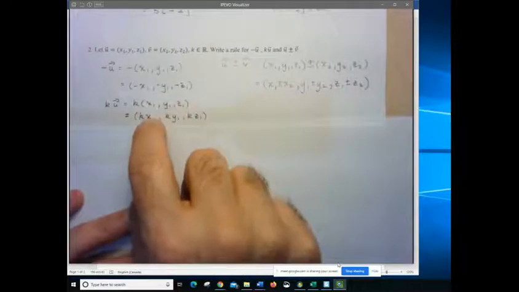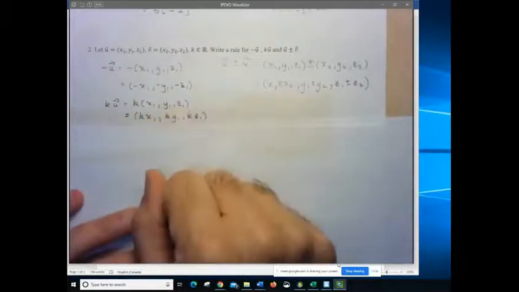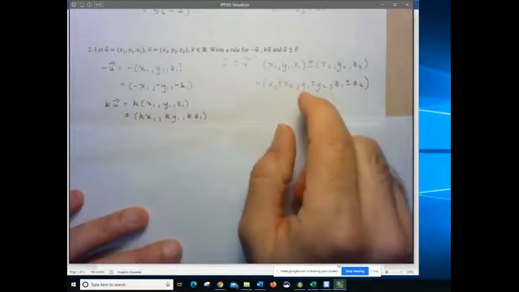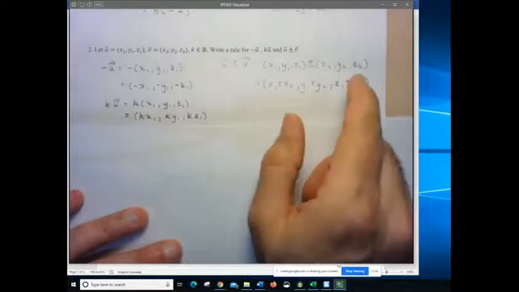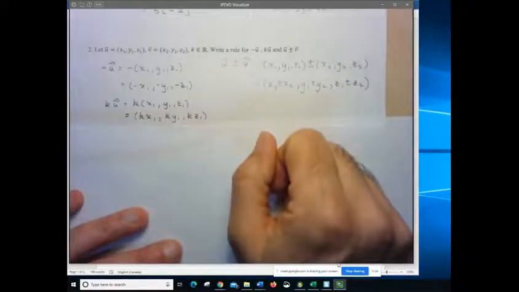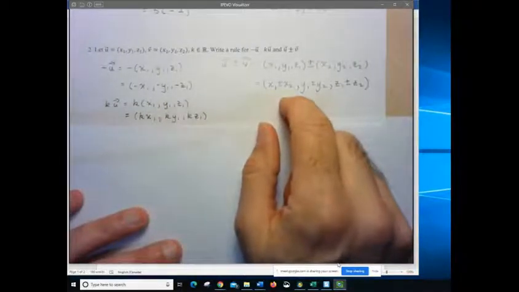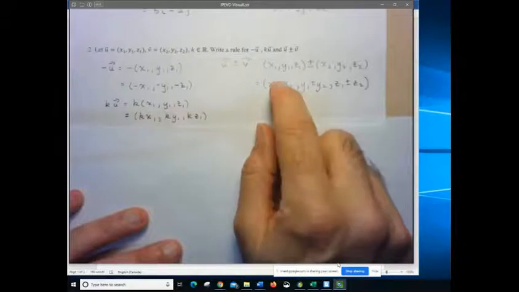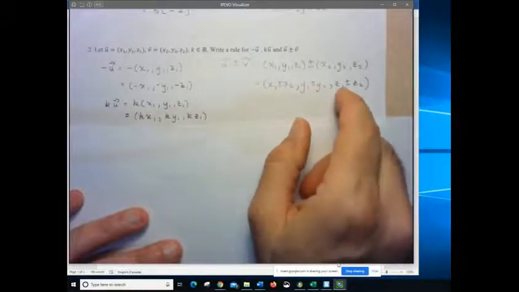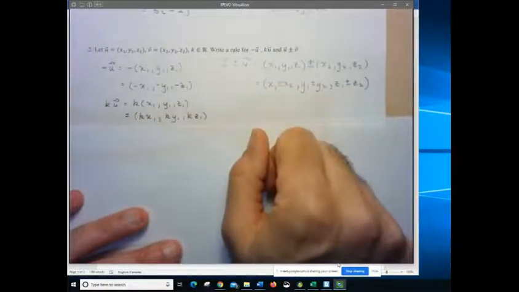You're either multiplying the individual components by a number, or you're adding and subtracting the individual components. Okay, so we've reduced doing operations on these vector objects to doing operations on real numbers. And we know a lot of things about how to operate on real numbers.